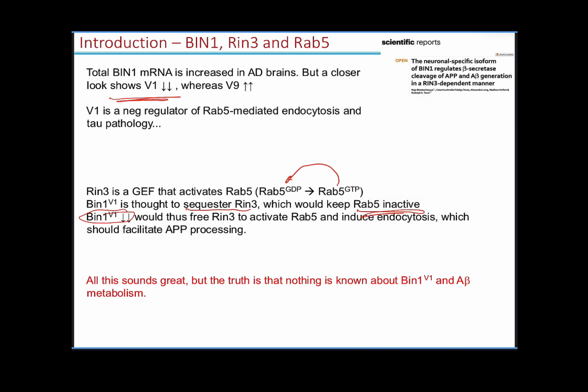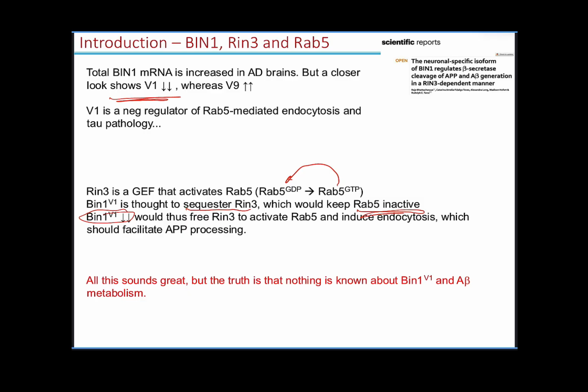RAP5 could now do endocytosis and facilitate APP processing. So the thinking is that by downregulating V1, you're helping RAP5 do endocytosis of APP, creating more A-beta peptides and obviously worsening progression of Alzheimer's disease.